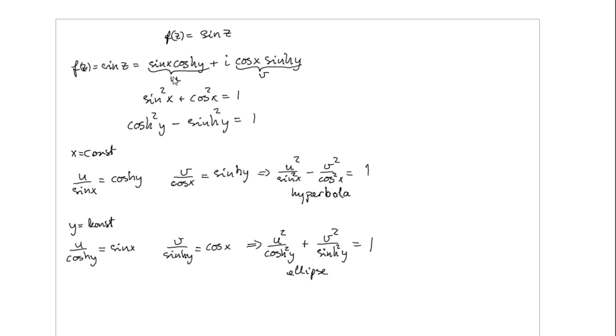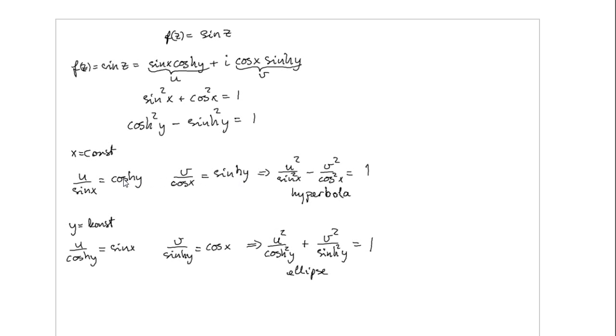So dividing by sine x, we obtain that u over sine x is equal to the hyperbolic cosine of y. Similarly, the imaginary part v is equal to this product, so if I divide this expression by cosine of x, we obtain similarly that v over cosine of x is equal to the hyperbolic sine of y.